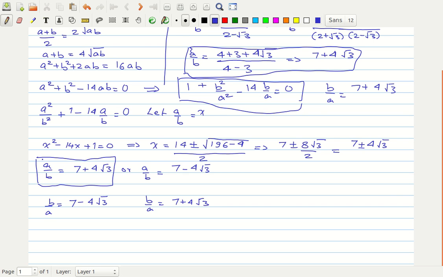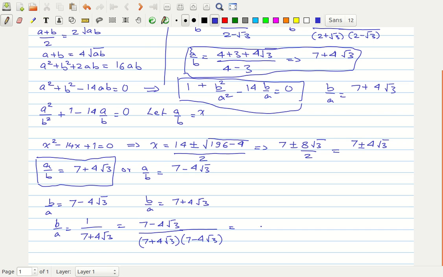And it is very easy to verify. Suppose, let us just for a moment assume that a is to b is 7 plus 4 root of 3. Then in that case, it means that b is to a should be equal to 1 divided by 7 plus 4 root of 3, and if you rationalize this, you multiply this by 7 minus 4 root 3 in the numerator, and 7 plus 4 root of 3 times 7 minus 4 root of 3 in the denominator.